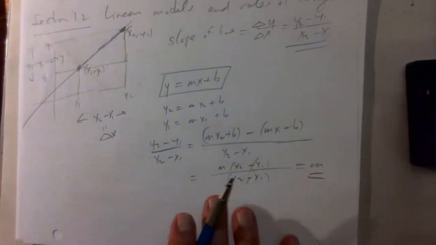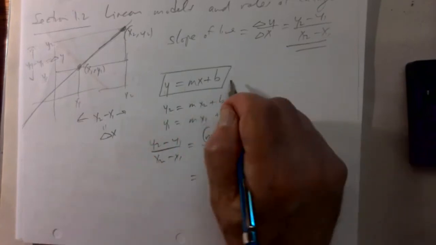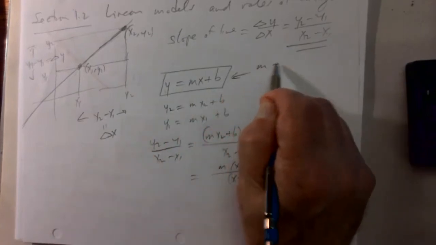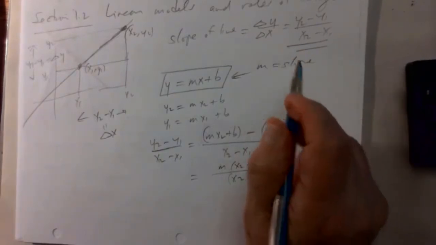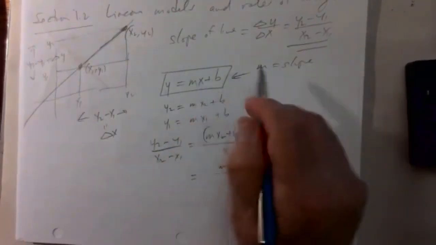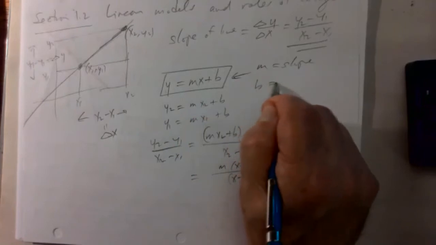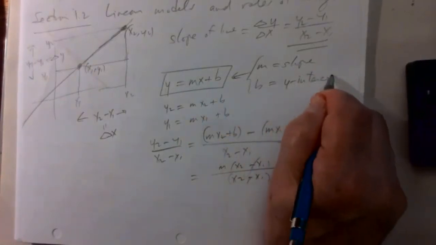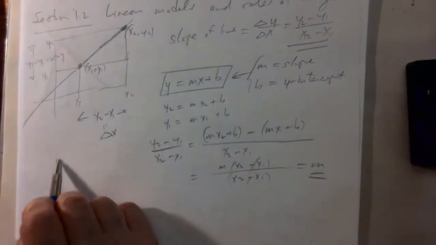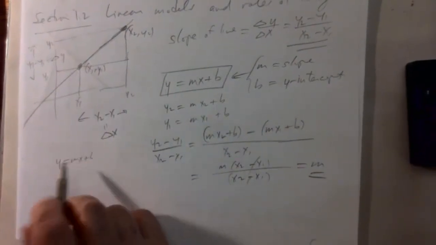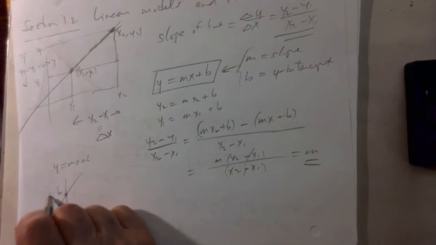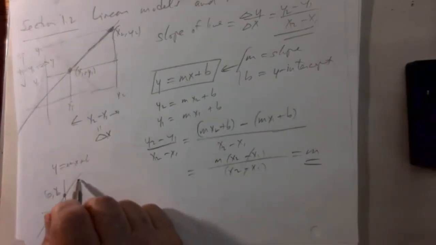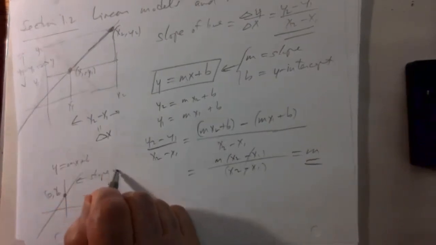So notice in this case, m equals the slope. If you let x equal 0, y is equal to b. So b is the y-intercept. So whenever you have the equation y equals mx plus b, the graph always looks like this, could be going up or down. The y-intercept is b, and the slope is m.